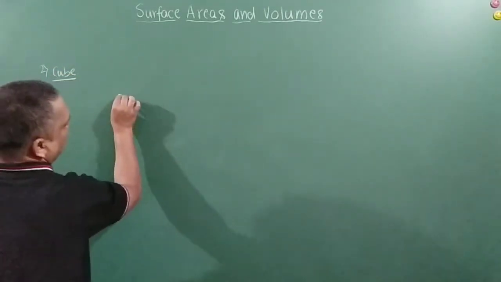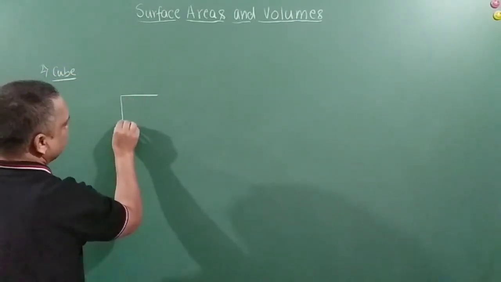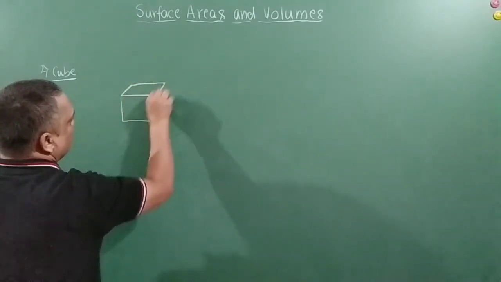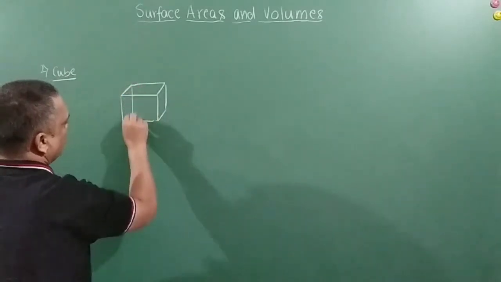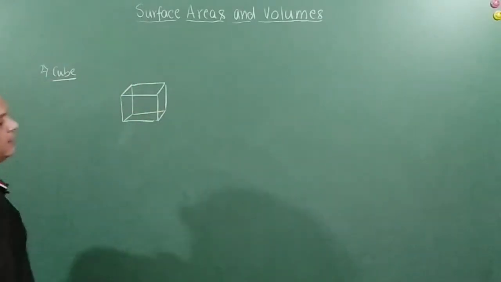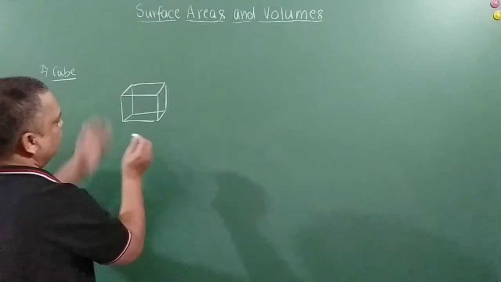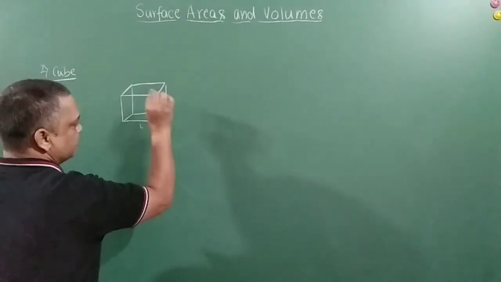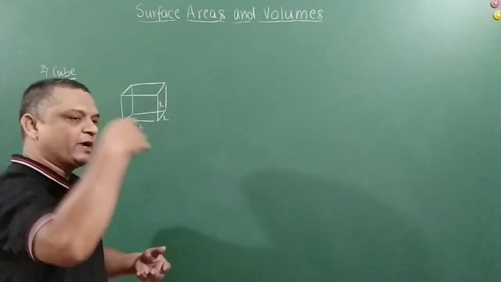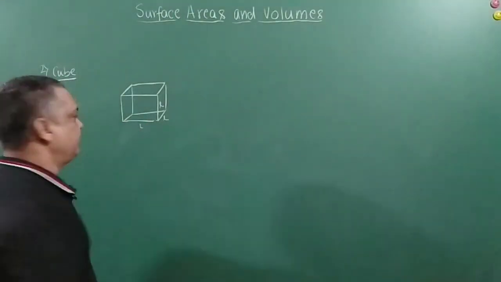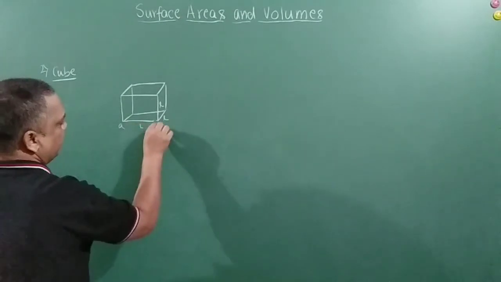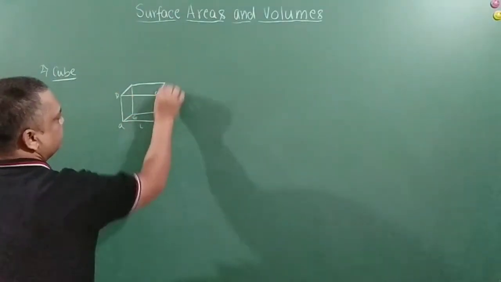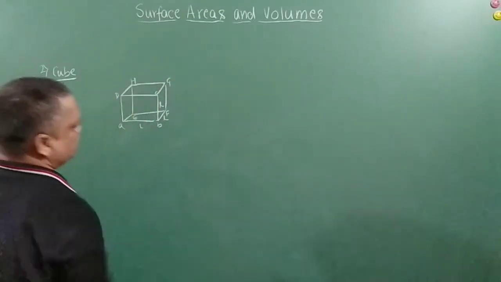Right friends, I am trying to give you the basic understanding here. Right. Now let us say here this is L, this also is L and this also is L. Length is equal to breadth is equal to height, right? So let's say A, B, C, D, E, F, G and H, right?